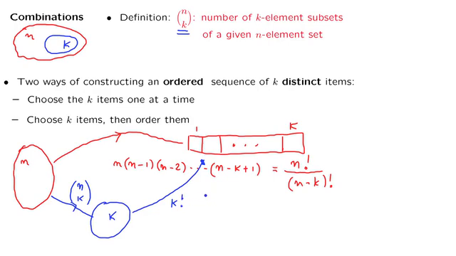According to the counting principle, the number of ways that this two-stage construction can be made is equal to the product of the number of options that we have at the first stage times the number of options that we have at the second stage. So this is one answer for the number of possible ordered sequences, this is another answer. Of course, both of them are correct, and therefore they have to be equal.